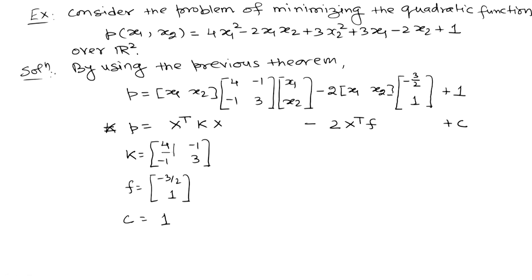If we see the matrix K, the first principal minor of K is positive and the determinant of K is 11, which is again positive. So, here K is positive definite. Since K is positive definite, according to the previous theorem the quadratic function p will have a unique minima.